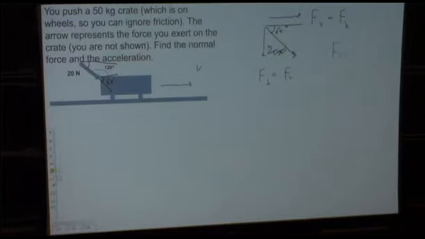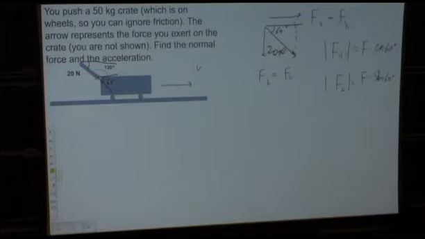So for the parallel component, the magnitude will be equal to the force itself, 20 newtons, times cosine of 60 degrees. And for the vertical component of the applied force, that should be equal to the magnitude of the applied force times the sine of 60 degrees, or cosine of 30 degrees. Sine of 60, cosine of 30.